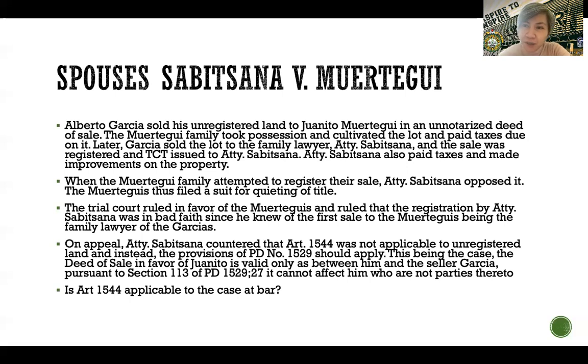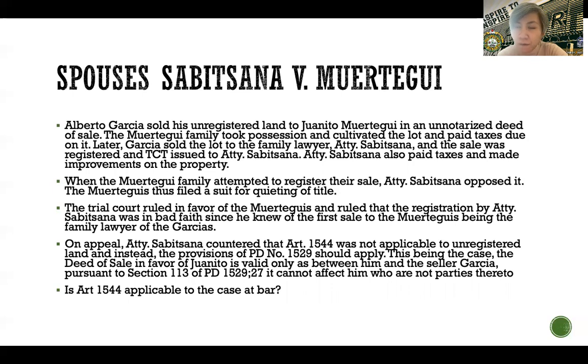So on appeal, Attorney Sabitsana argued that 1544 was not applicable to unregistered land. Instead, the provisions of PD 1529 should apply. So that being his argument, he said na the deed of sale in favor of Juanito is valid only as between him and the seller Garcia, pursuant to Section 113 of PD 1529.